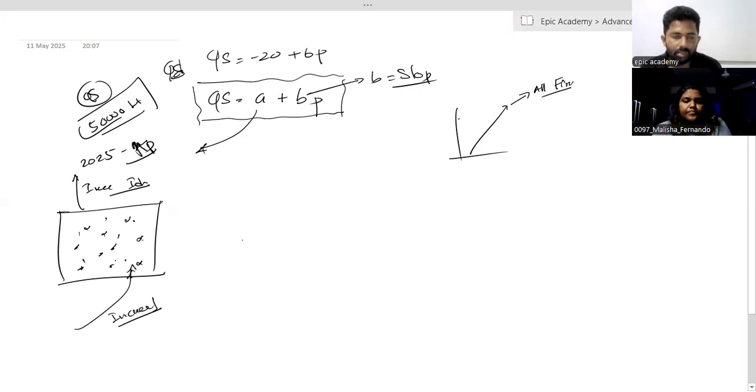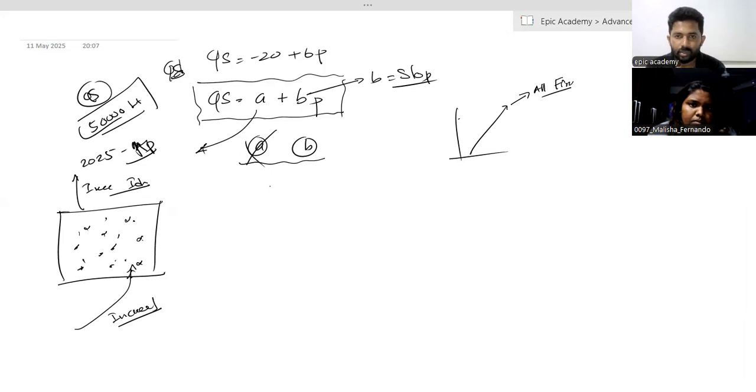Then now you can identify whether A is going to be changed or B is going to be changed. Definitely it must be A. B represents how quantity changes according to a change in the price. It is not going to be changed, it is similar for each and every firm operating under this particular industry, but A can be changed.